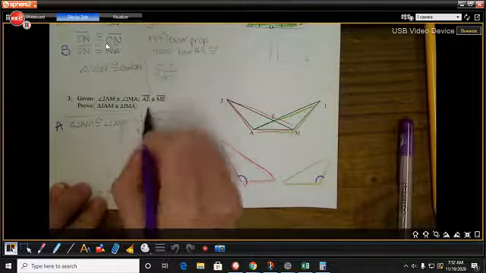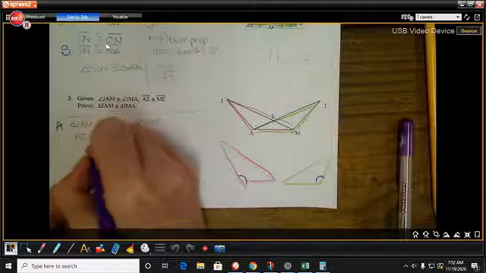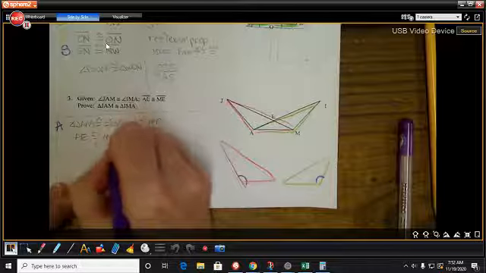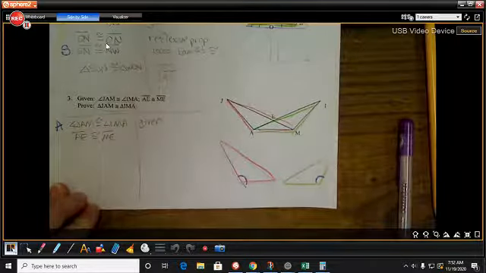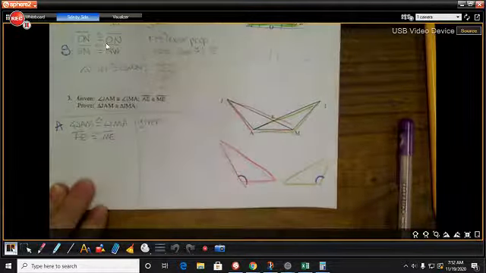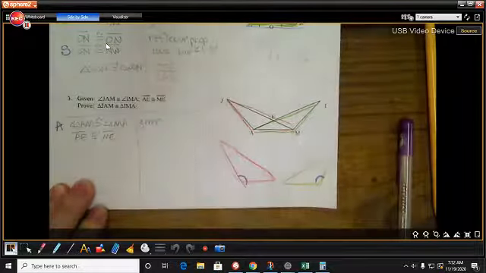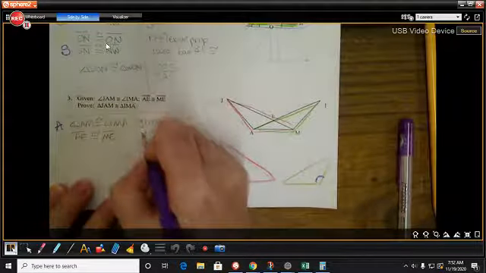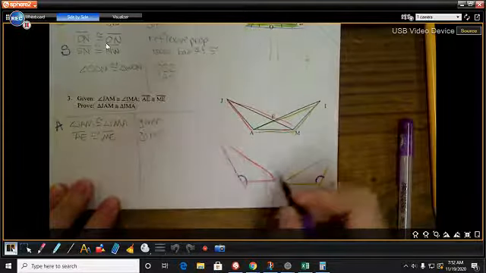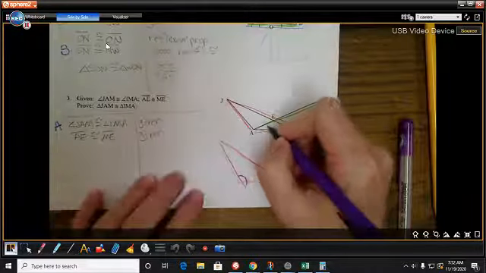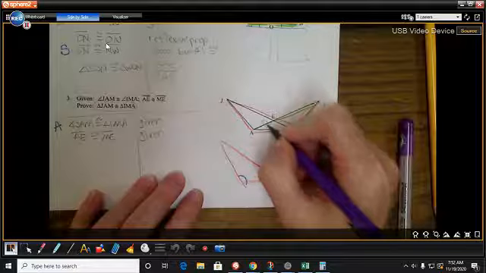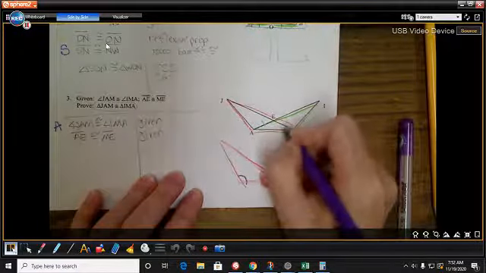Then I'm going to say, okay, I have segment AE is congruent to segment ME. And I almost forgot to put those segments on there. Those are very important because we're not talking about lengths, we're talking about segments. And these were also given to me. So I have AE, this little guy here, is congruent to ME, this little guy here.